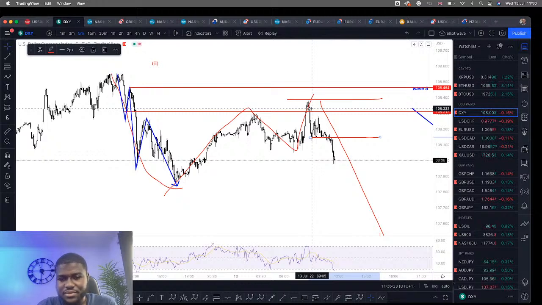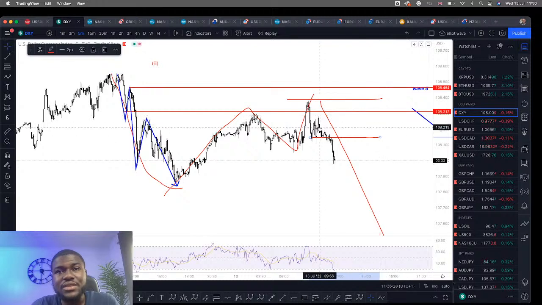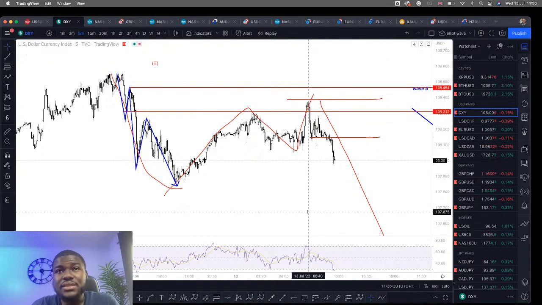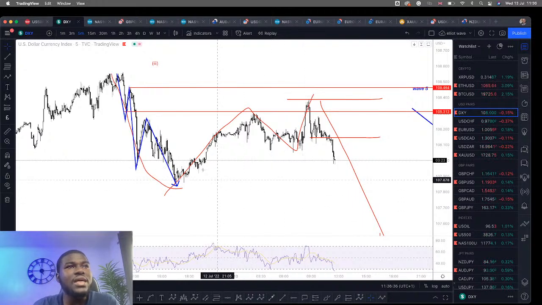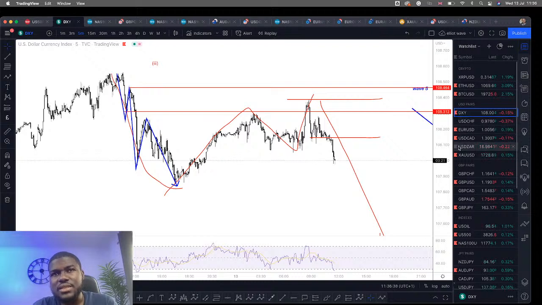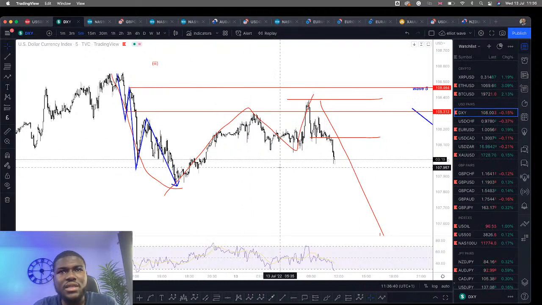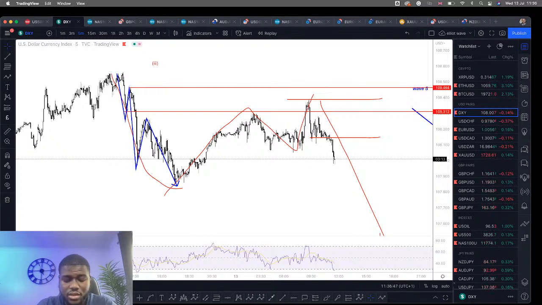I think I just have to take it that way. So that's the DXY opportunity, guys. I've been able to spot a signal for you. If you're interested, you can pick that trade. It looks very, very cool. Let me just pick it for them.